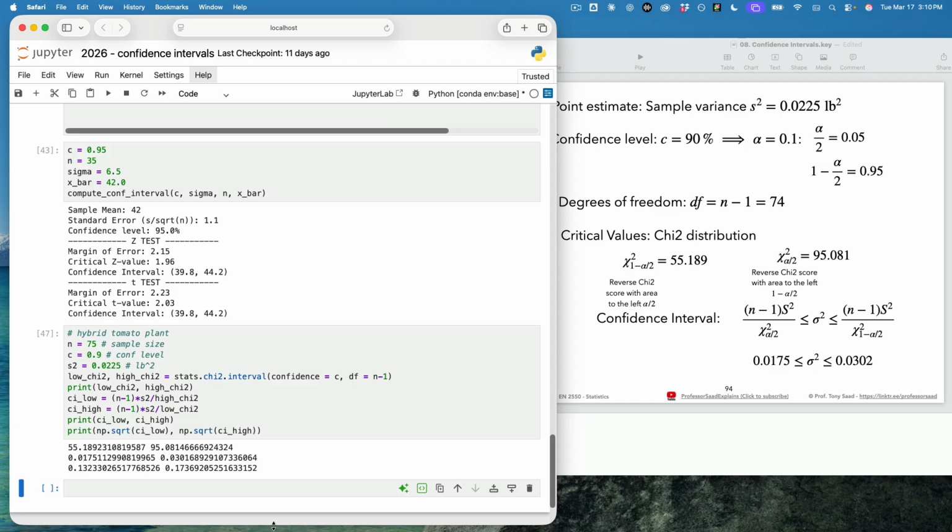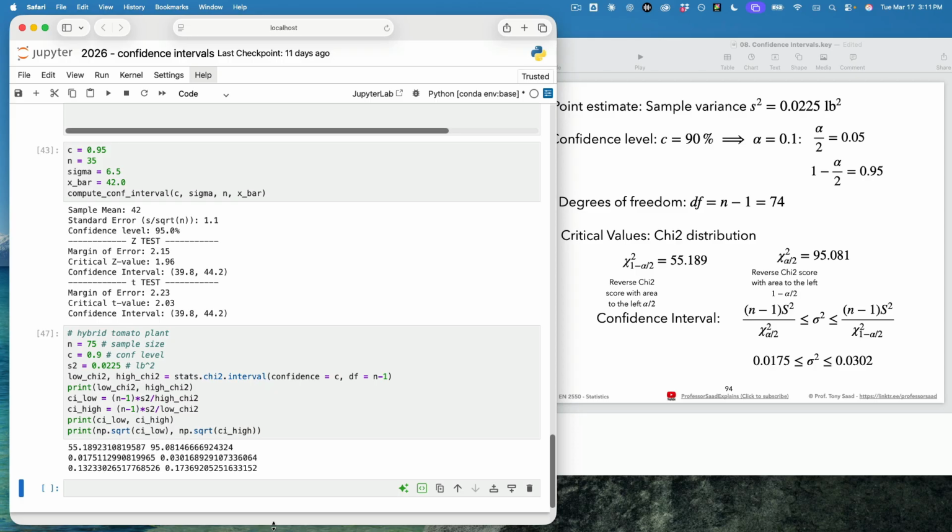That's the standard deviation estimate for the population, just going from the sample variance. So that's the only kink in this problem with chi-squared: recognizing that you have low and high values, and then you have to build the intervals yourself. That's the only difference compared to what we did earlier with the z values and the t values.